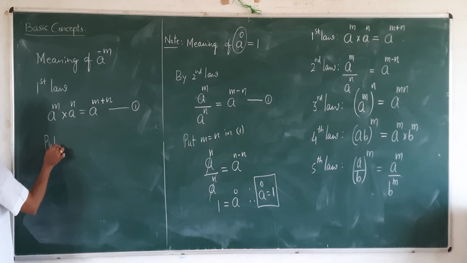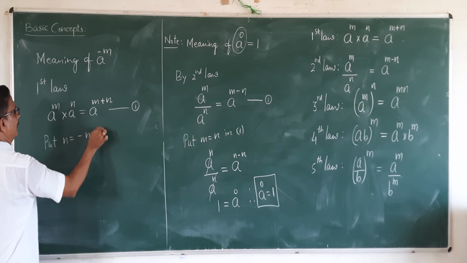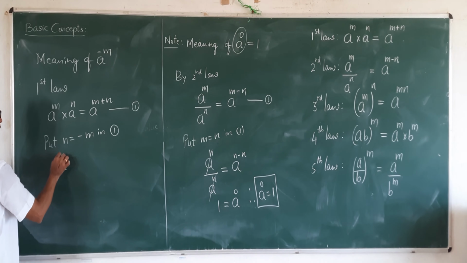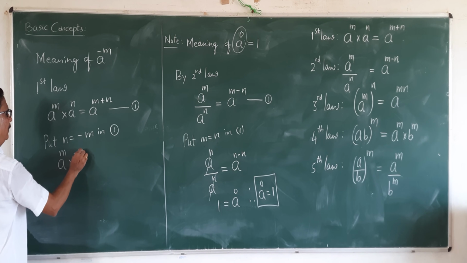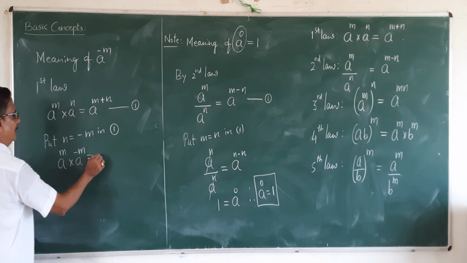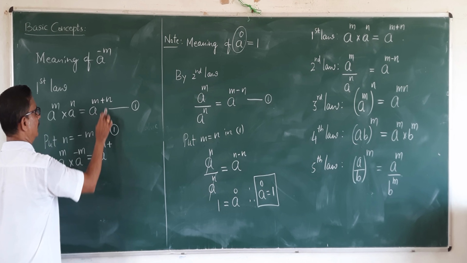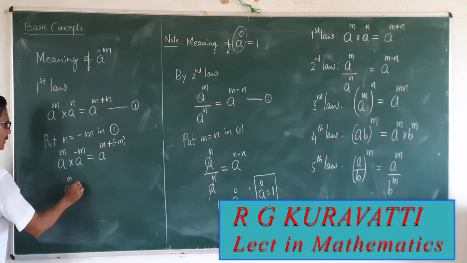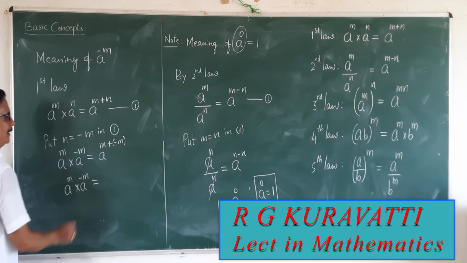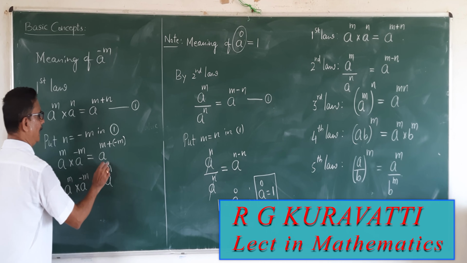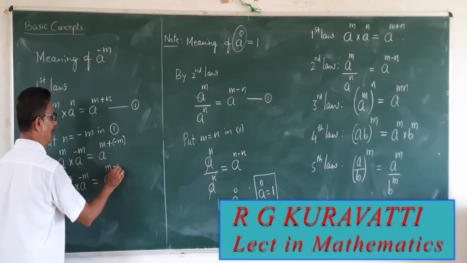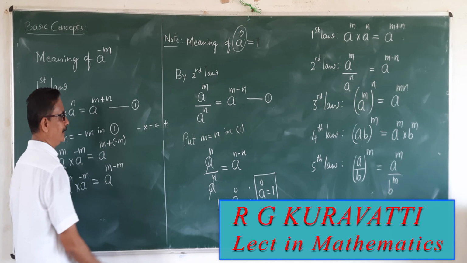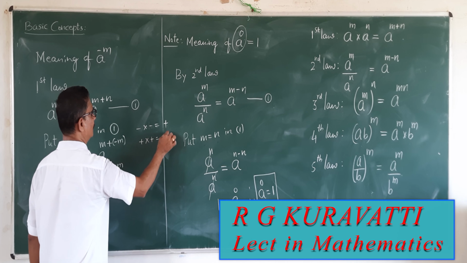So put n is equal to minus m. Substituting minus m in place of n, we get a power m into a power minus m is equal to a power m plus n, where the value of n is minus m.